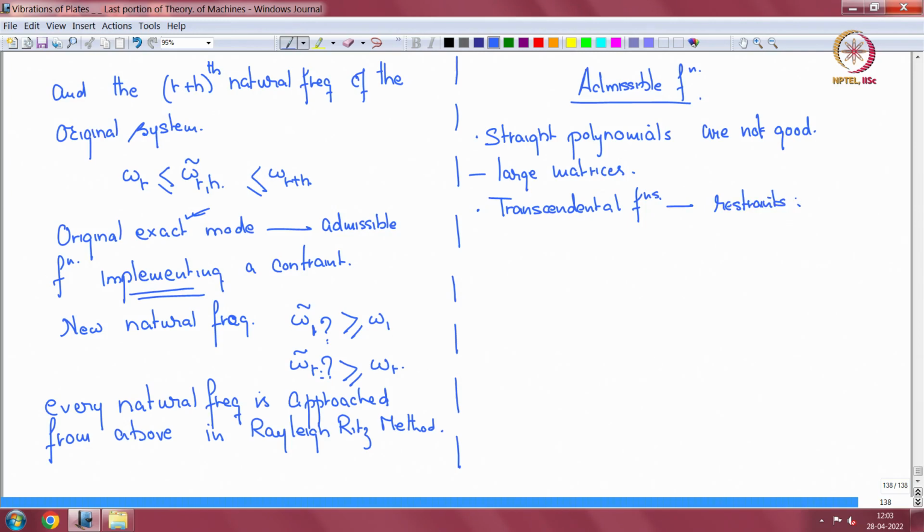Now, lower order polynomials are fine in numerics, and higher order transcendental functions are fine with numerics.